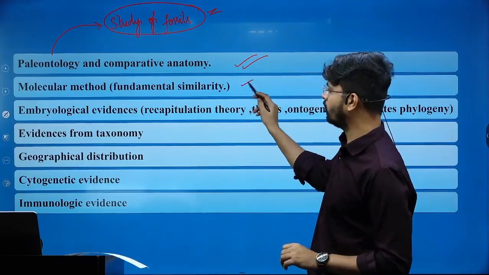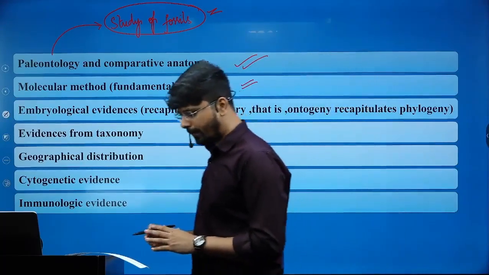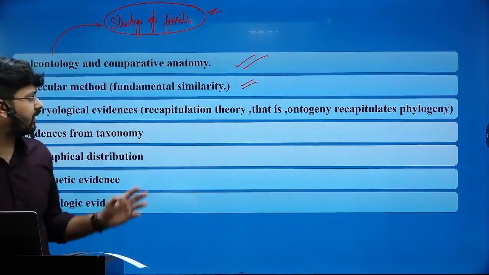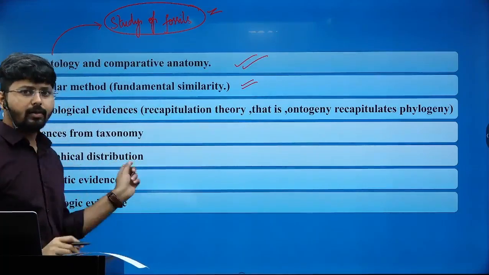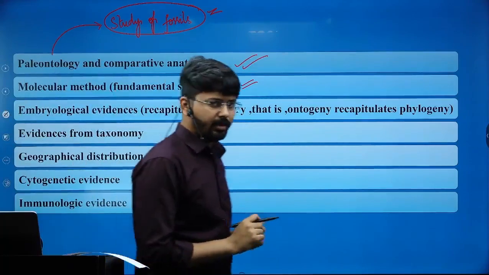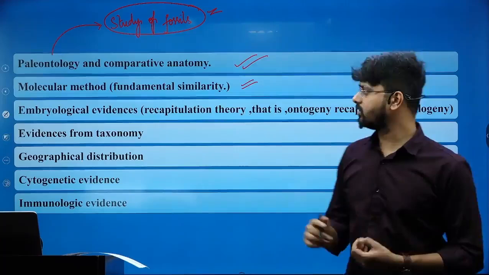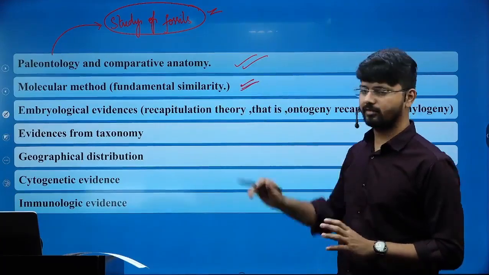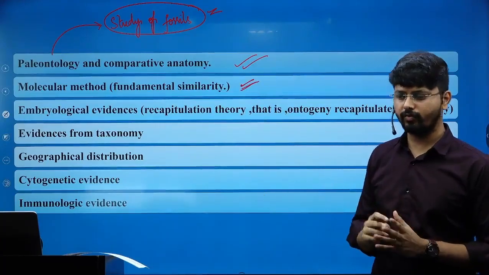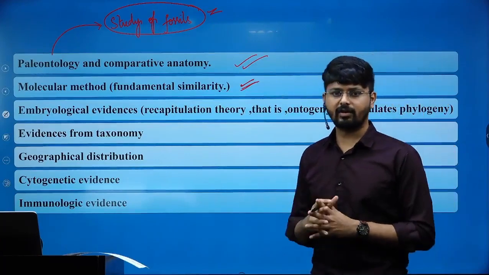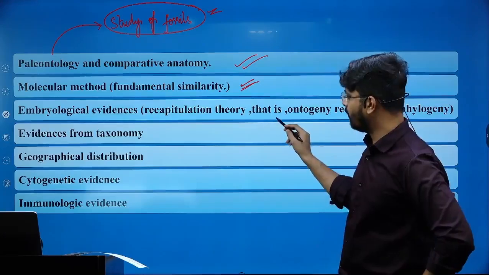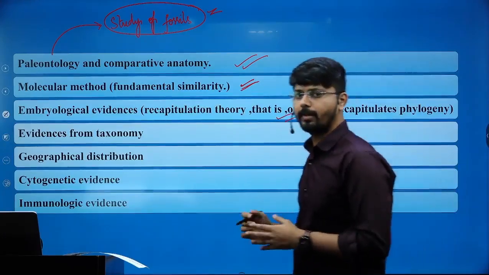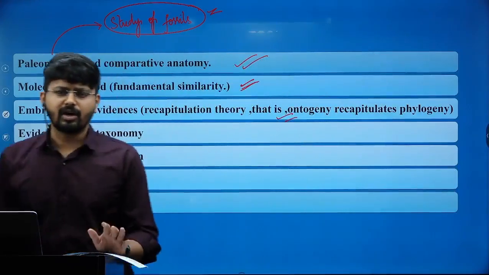Next, coming to the molecular method. The molecular method is basically with respect to the changes that are happening in terms of hormones or other biochemical factors. Using those methods also we can see what kind of factors are there. And next, embryological evidences.